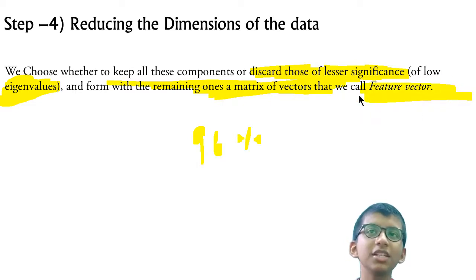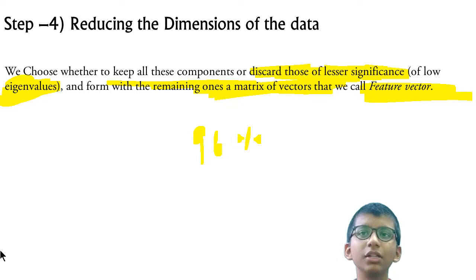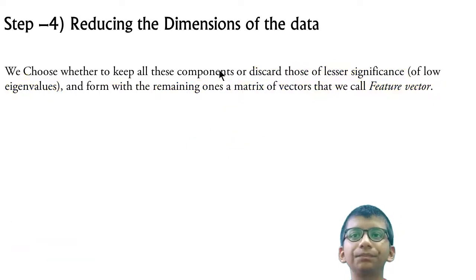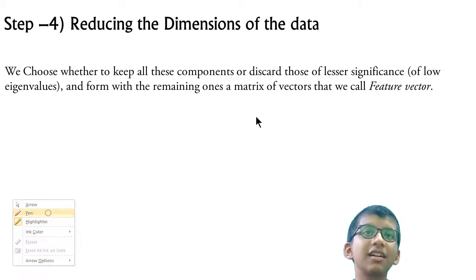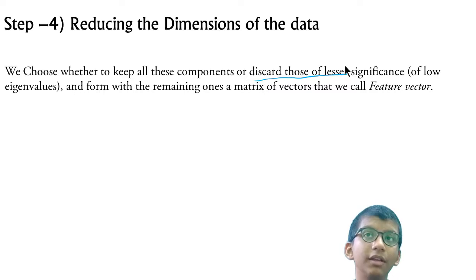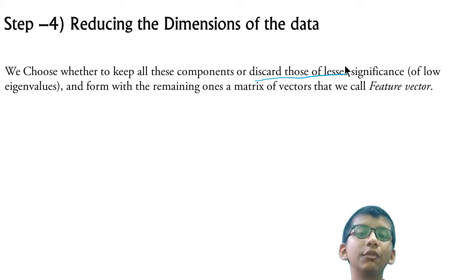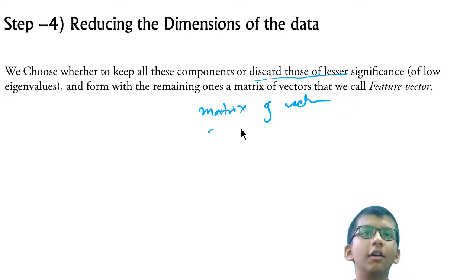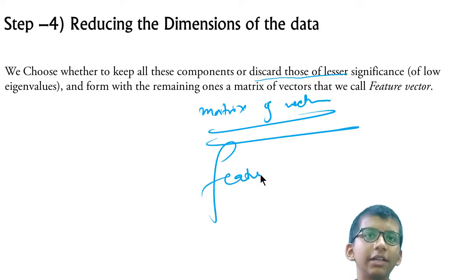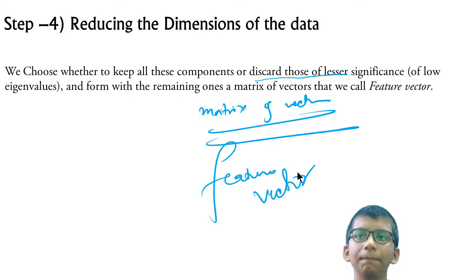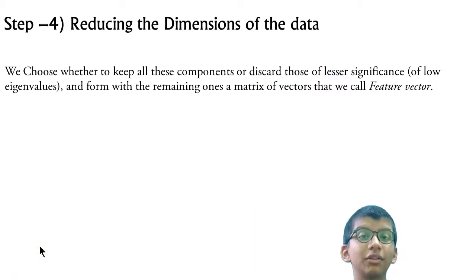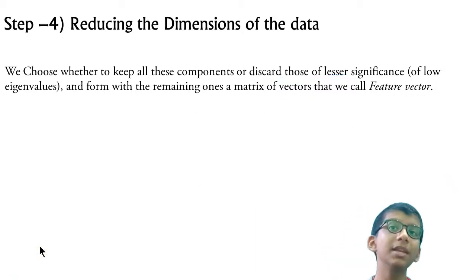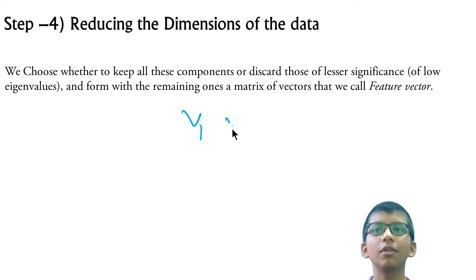Okay, pretty much easy. So what we will do is simply discard those with small eigenvalues, and form the matrix of the vectors, and that's called a feature vector. I'm writing it in bold. Okay, so that's called a feature vector. Now we have eliminated V2.